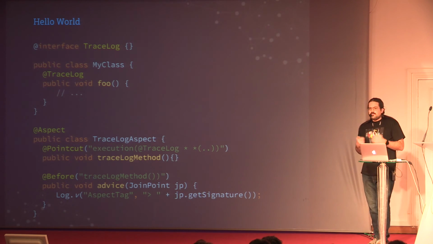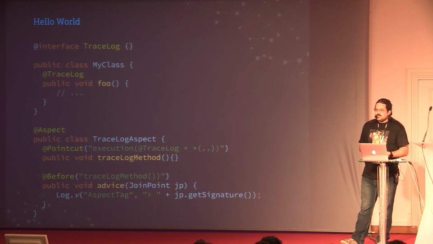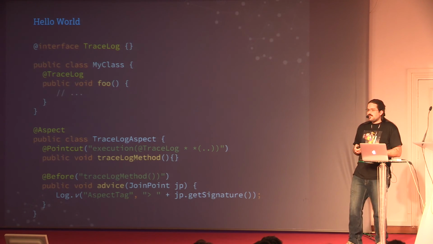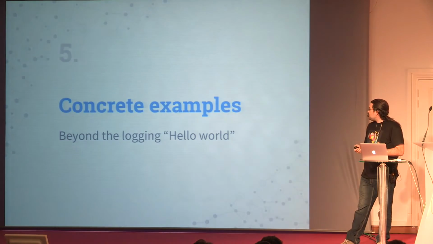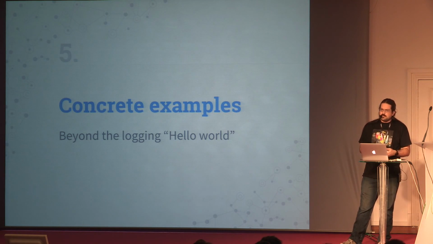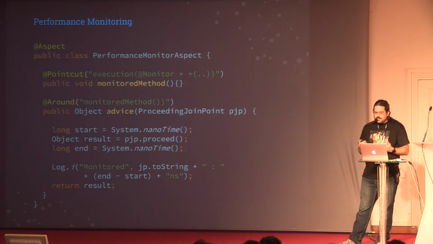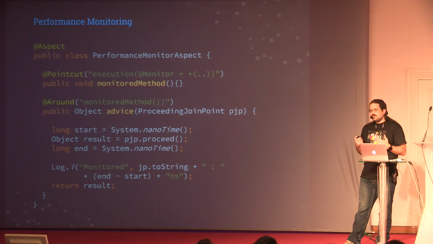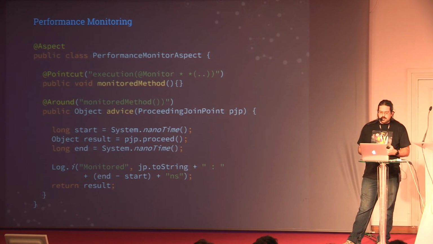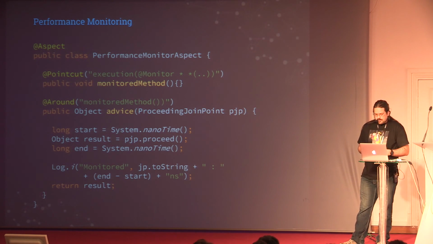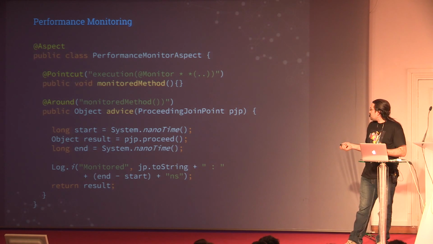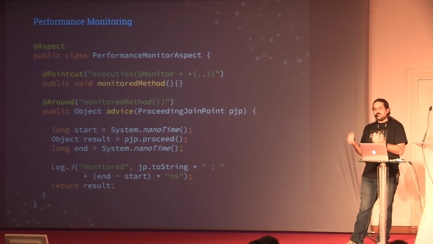So this example, you'll find it everywhere when you want to start to learn aspect-oriented programming, but it's not very useful. So we are going to look at some more concrete examples of what you can do with aspect-oriented programming. The first thing is that you can use aspects to run performance monitoring. So basically, you have here the Around advice. Instead of running before the method, we are going to run around it.